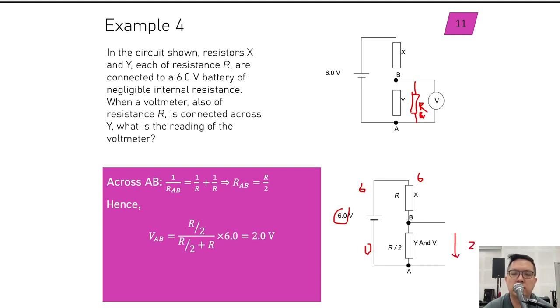So if this is 0 as well, to drop by 2 from something to 0, that means this is 2. That means the drop across X will be a drop of 4 volts. Yep, so that's how the potential divider concept works.